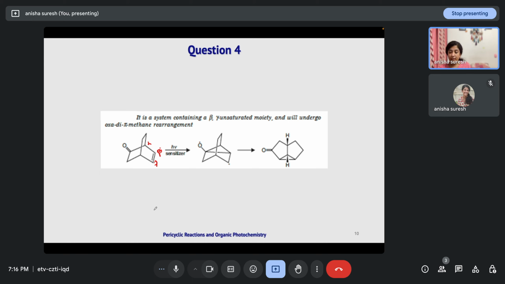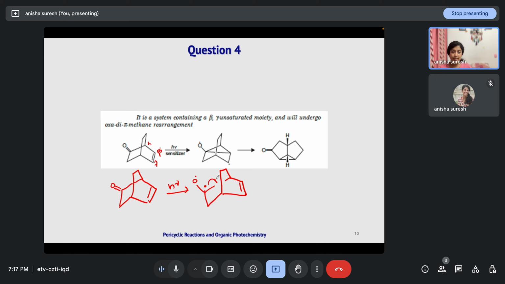So here, first, what will be happening? Under photochemical condition, the O radical and this carbon radical will be formed.